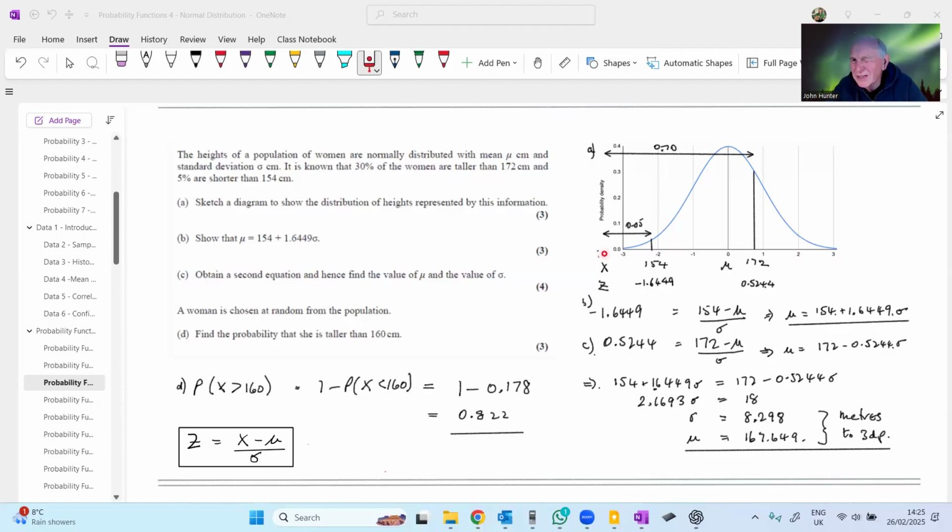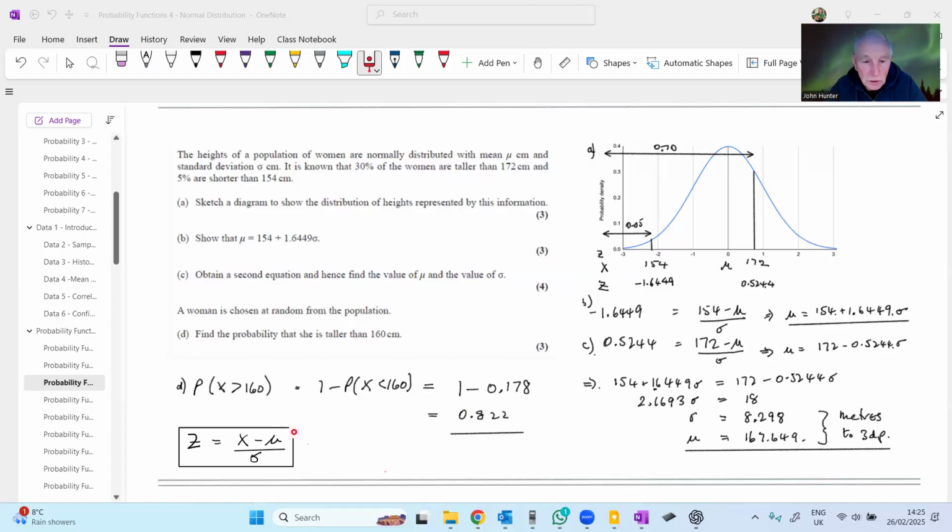So Z is basically the letter that we use for the random variable that is normally distributed with a 0 mean and a standard deviation of 1. And let's say, generally speaking, that we're working with a problem that involves a random variable X. Okay, so there is this correspondence, if you like. So for any point on this graph, we can find the Z value, and there will be an X value that corresponds, and we can switch between the two.